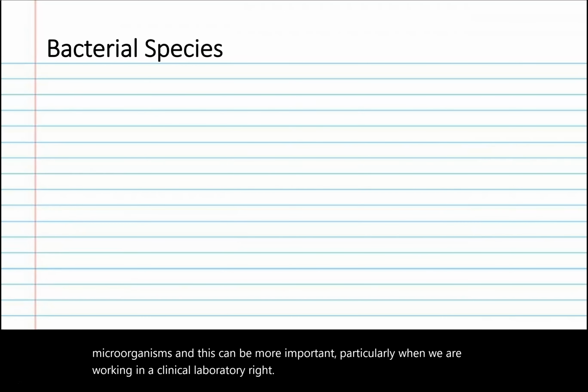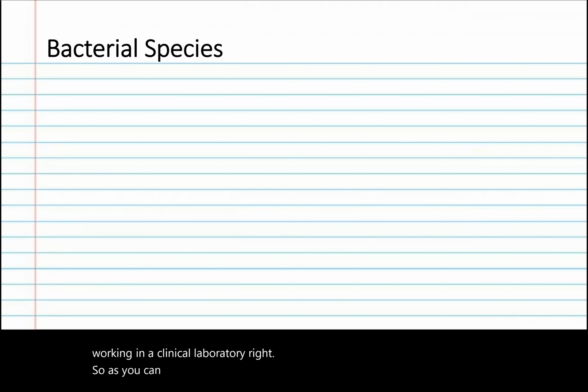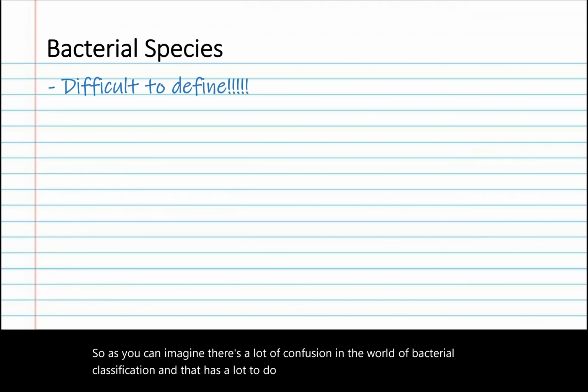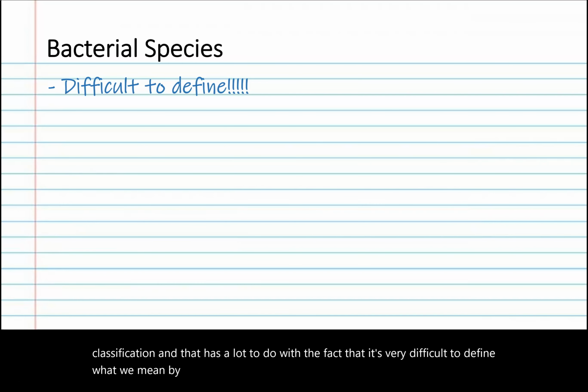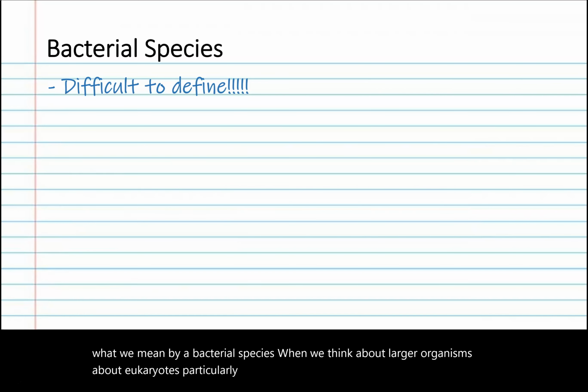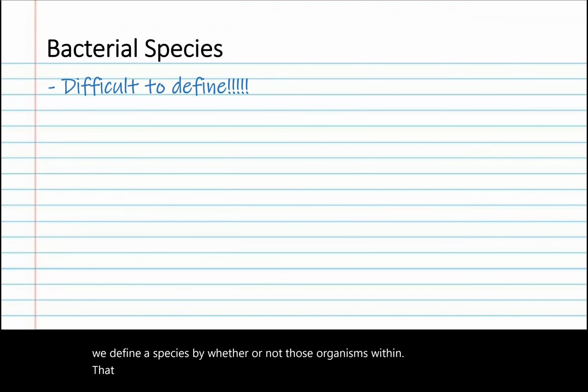So as you can imagine, there's a lot of confusion in the world of bacterial classification. And that has a lot to do with the fact that it's very difficult to define what we mean by a bacterial species. When we think about larger organisms, about eukaryotes, particularly sexually reproducing organisms, we define a species by whether or not those organisms within that species can mate with each other and reproduce, right?